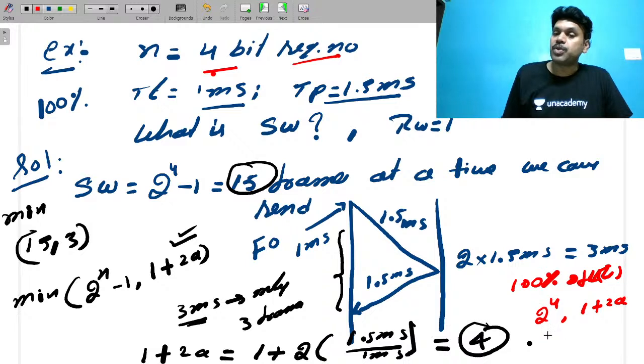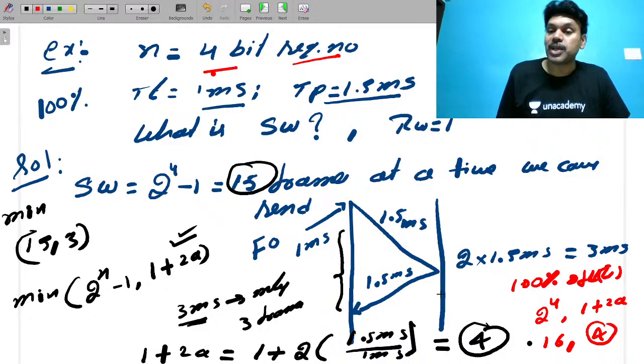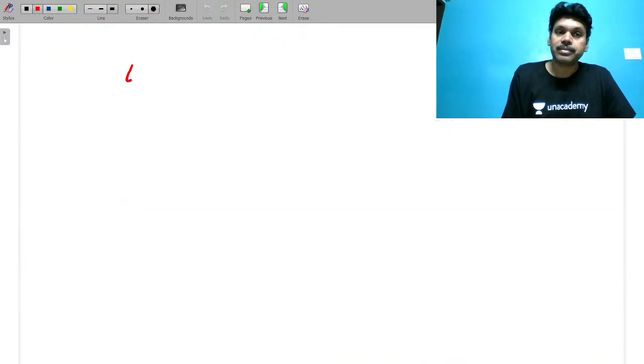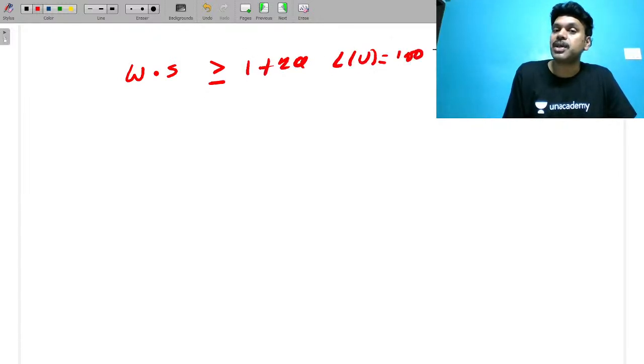So 2 power 4 is 16 numbers, 1 plus 2a is 4. So your sequence numbers are greater than your 1 plus 2a, hence 100% efficiency. Please understand here: if your window size is greater than or equal to 1 plus 2a, efficiency is equal to 100%.